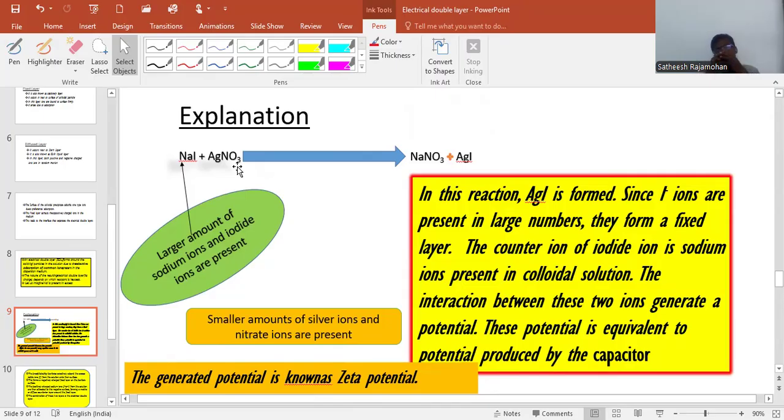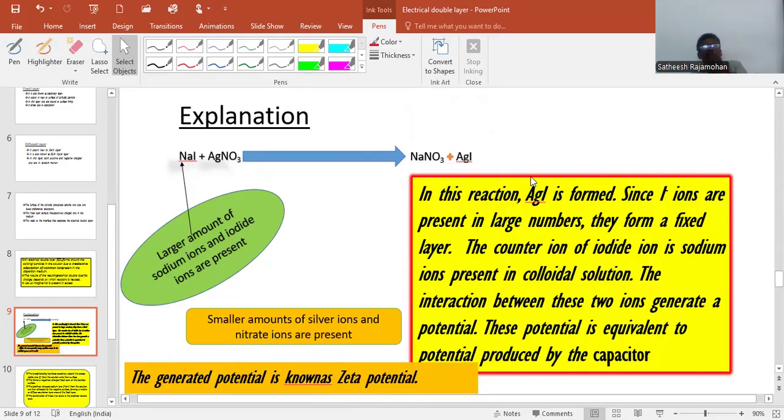Here the condition is that a larger amount of sodium ions and iodide ions are present in this ionic solution, and they are mixed with the silver nitrate solution, which contains a feeble number of Ag plus and NO3 minus ions. What happens?